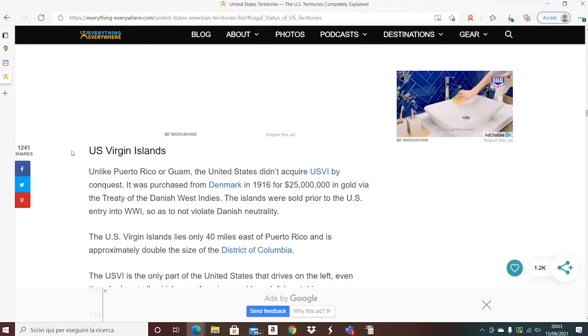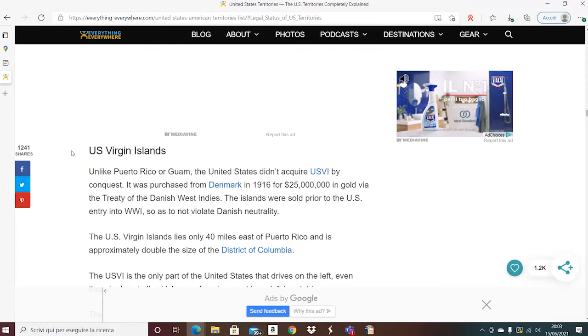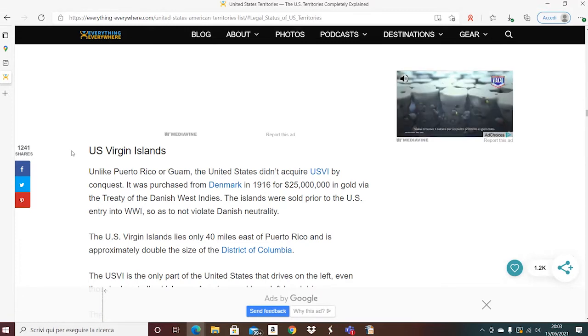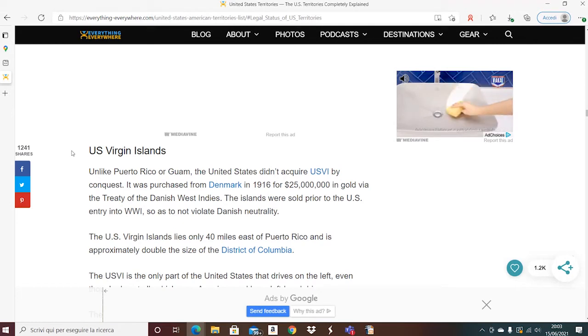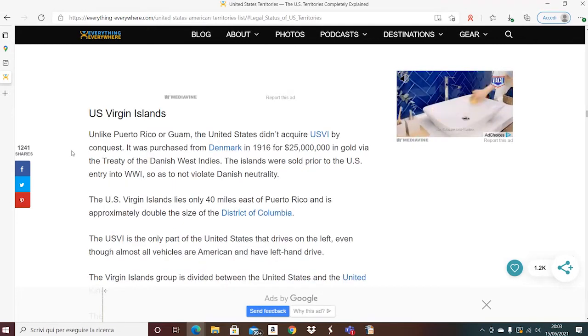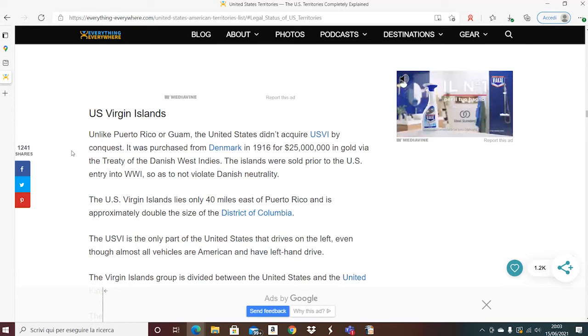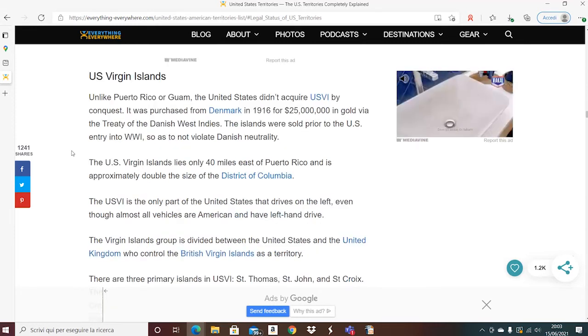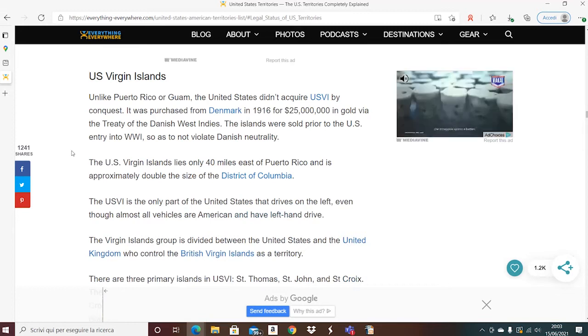It was purchased from Denmark in 1916 for 25 million dollars in gold via the Treaty of the Danish West Indies. The islands were sold prior to the US entry into World War I, so as to not violate Danish neutrality.